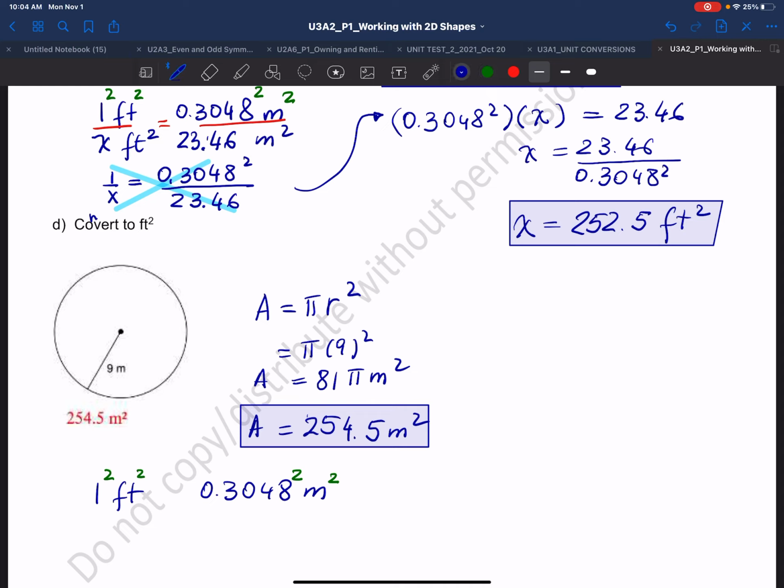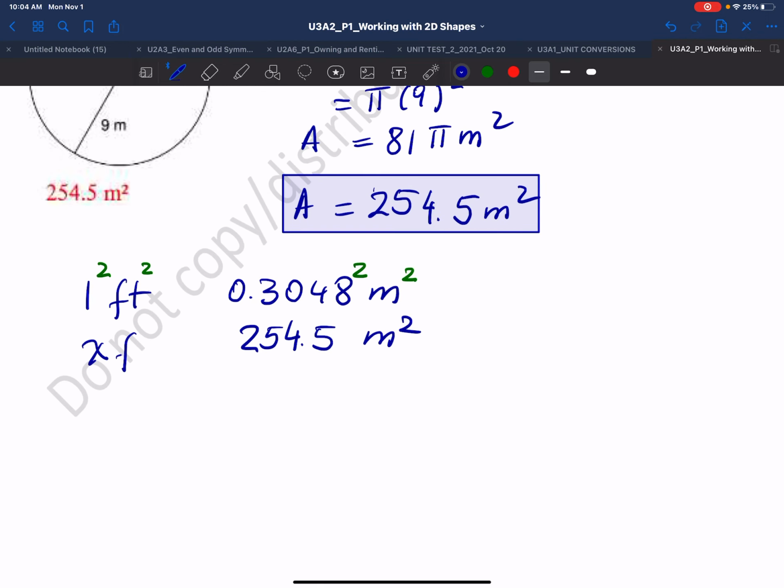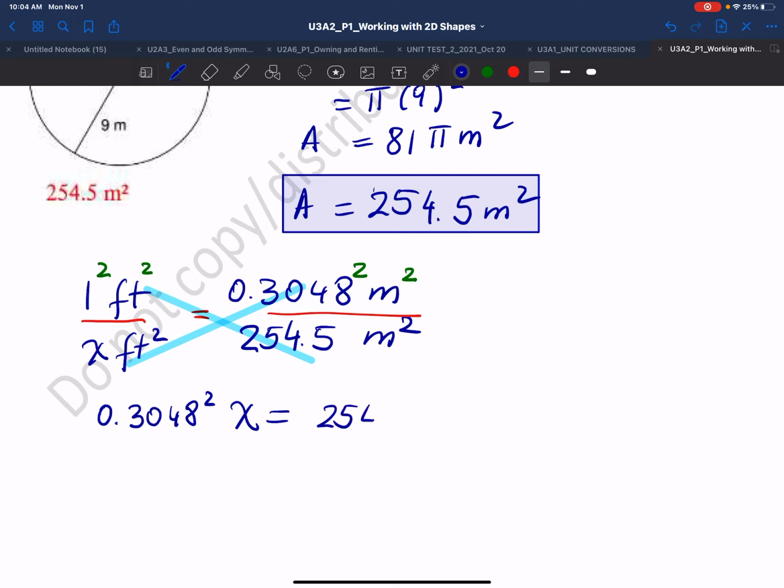So therefore, we're going to say that 254.5 meters squared would equal x feet squared. Create the fractions, and we'll have 0.3048 squared x equals 1 times 254.5.